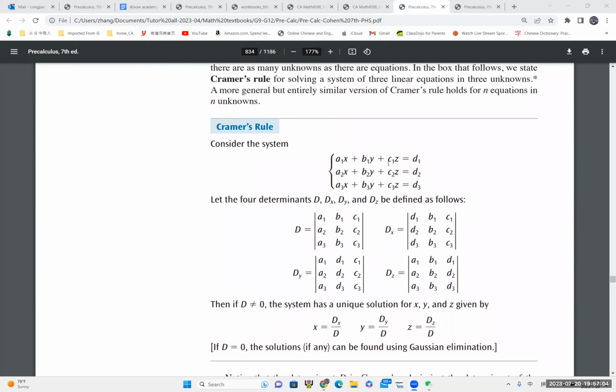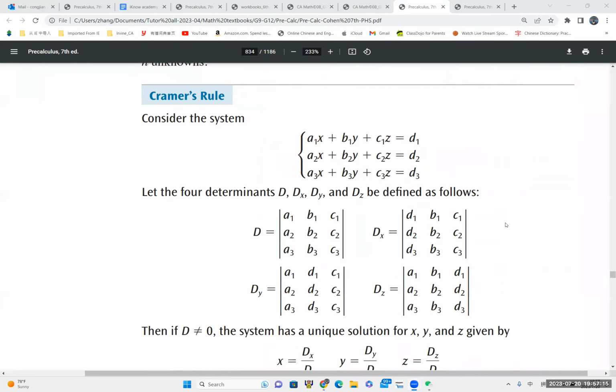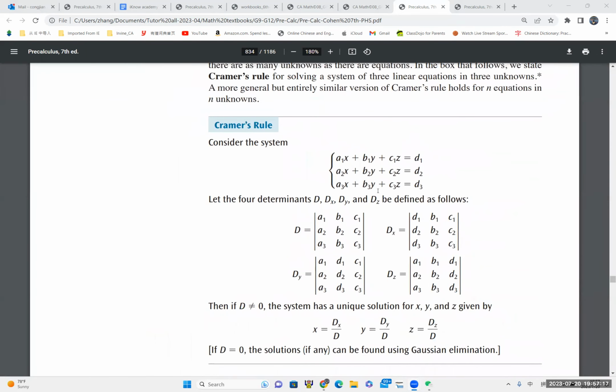For example, we want to solve this system of equations. It's three equations, three unknowns, right? It's already kind of complicated. Then Cramer's rule tells us D is the determinant of the coefficient matrix, right?